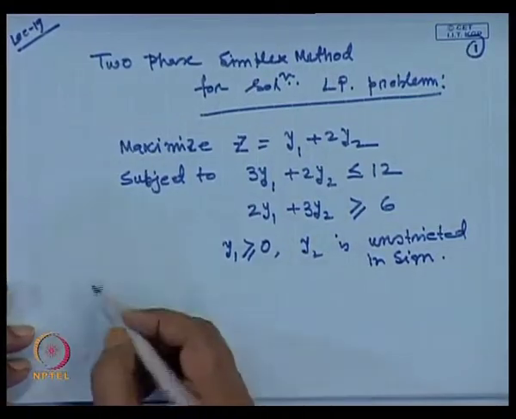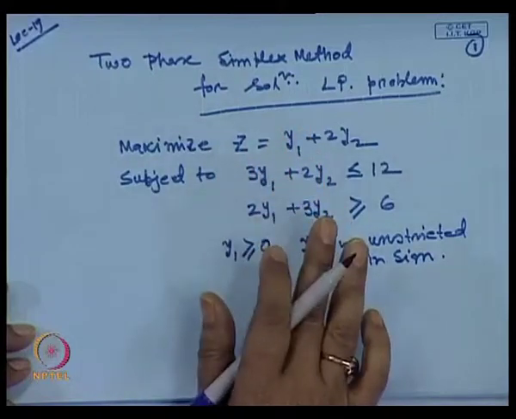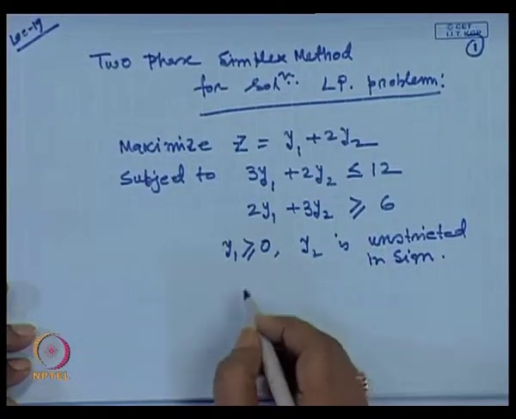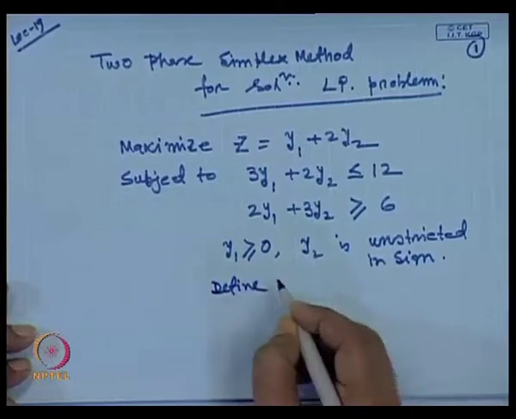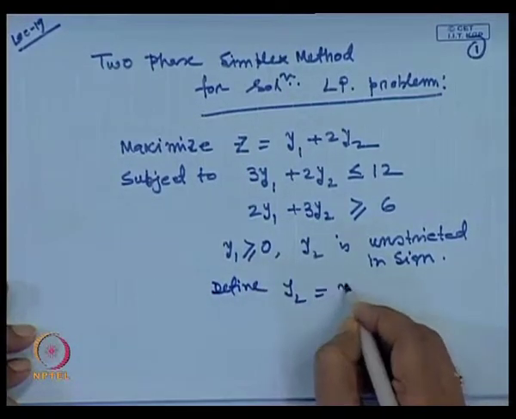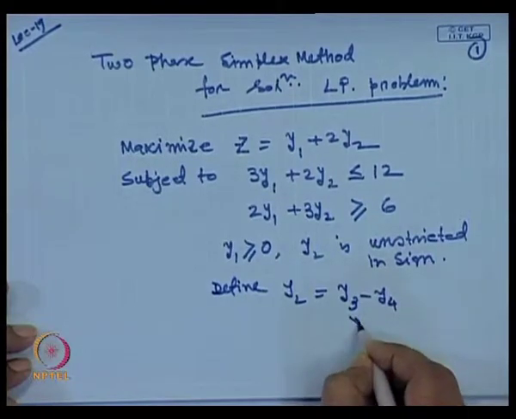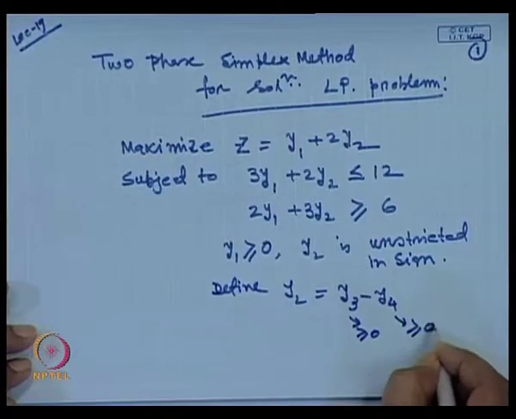Agree? Now, when we solve this problem by the simplex method, you have to convert it into a standard LP problem. Then how will you solve, because the variables must be greater than or equal to 0? So, we can define y 2 as y 3 minus y 4, where y 3 is greater than or equal to 0 and y 4 is also greater than or equal to 0.